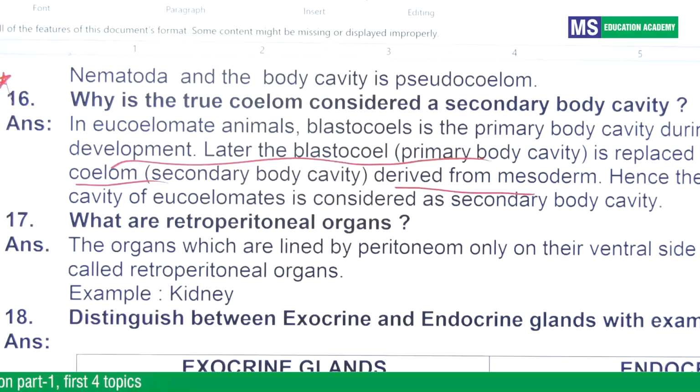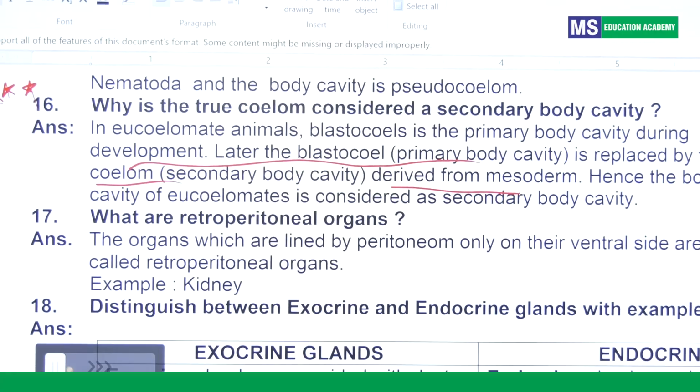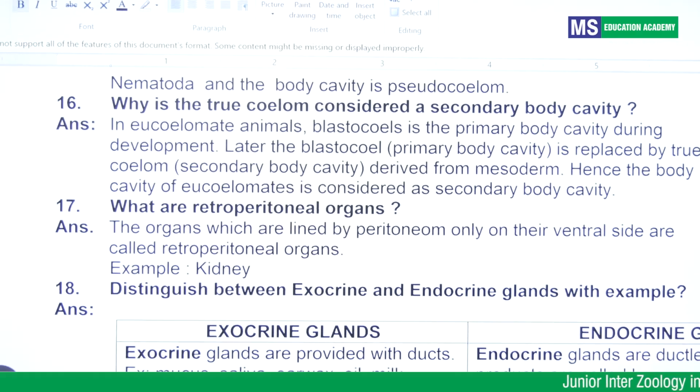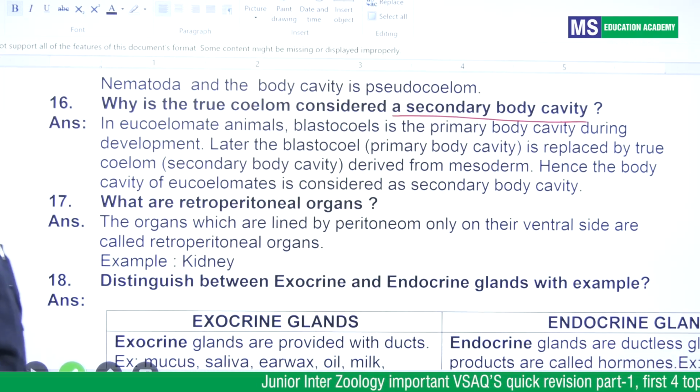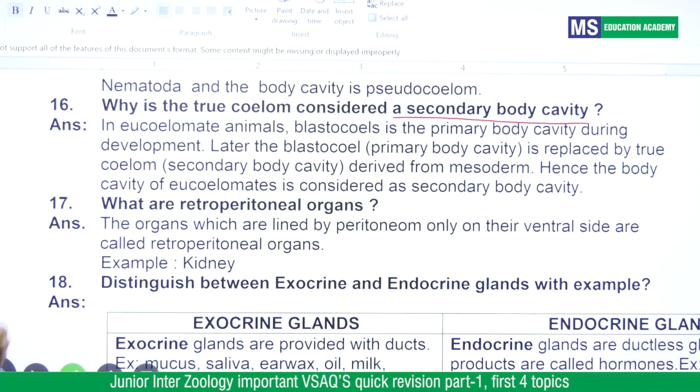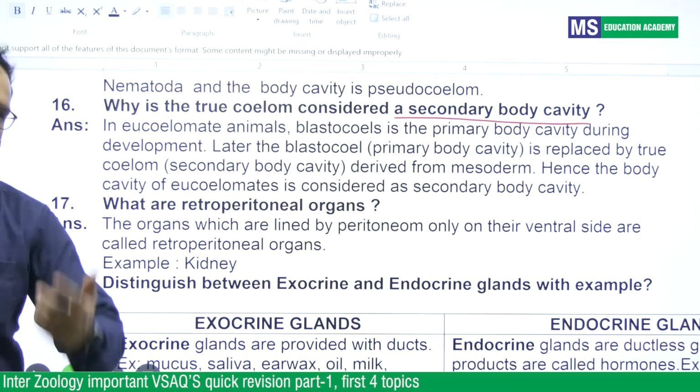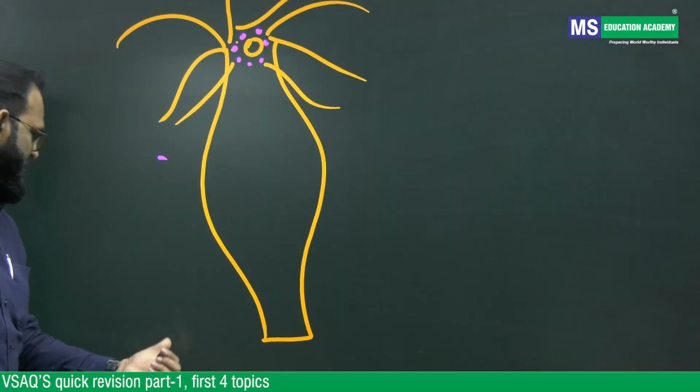Coming to the next question. Why is true coelom considered a secondary body cavity? Students, I would like to give a small explanation about this answer.